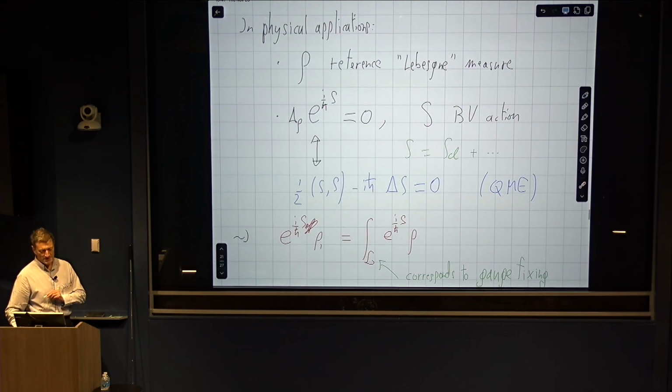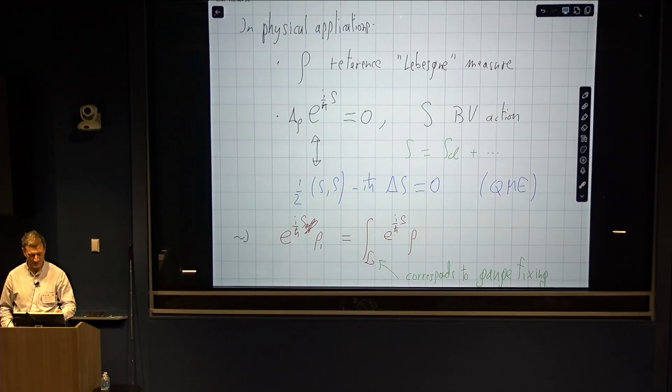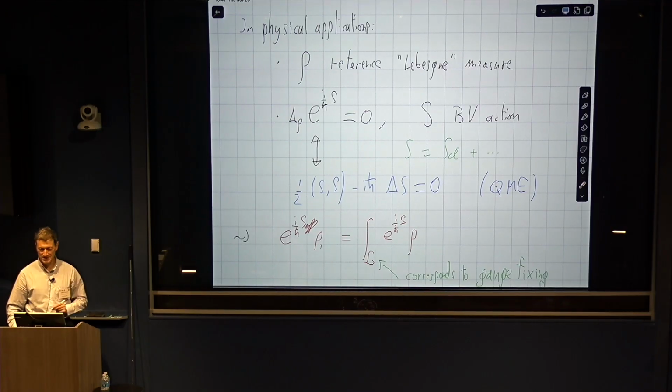Okay, now in physical applications, what you do is you move to the infinite dimensional setting. First of all, you formally assume that it makes sense to consider some sort of reference Lebesgue-Berezinian. And then you are interested in functions of the form exponential of the action functional, usually with this prefactor i over h bar.